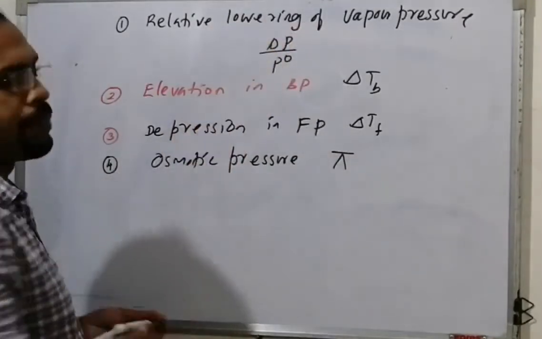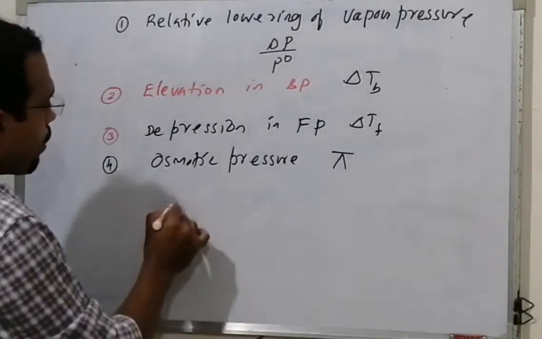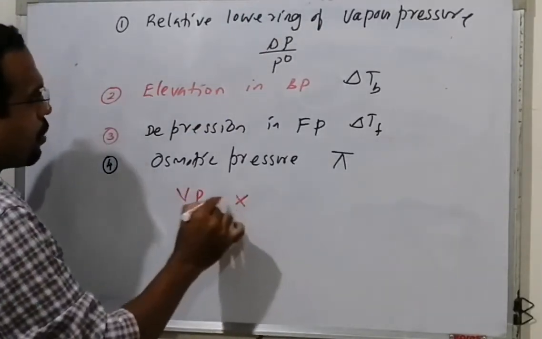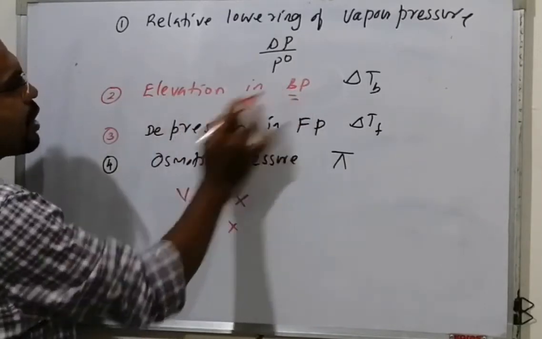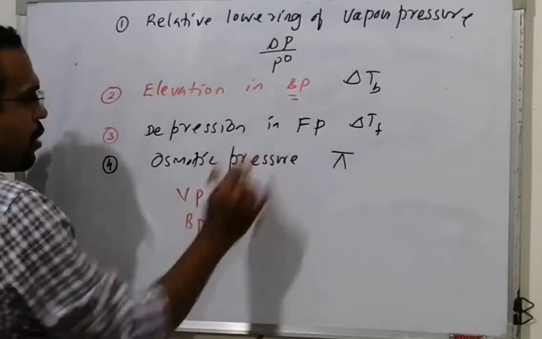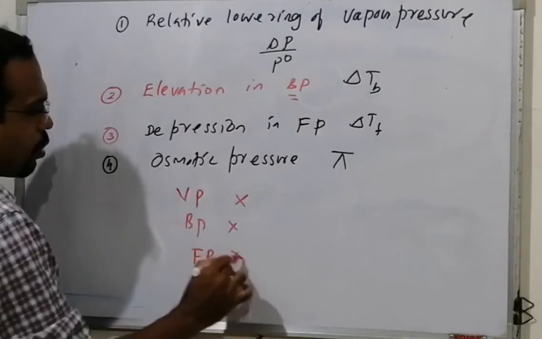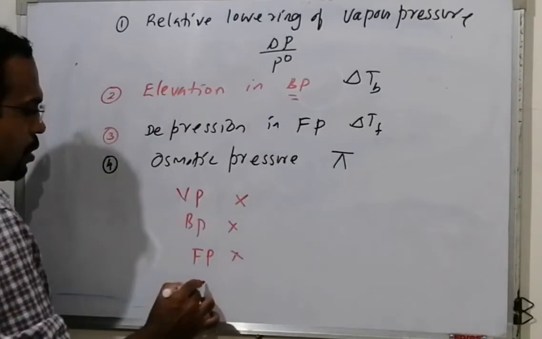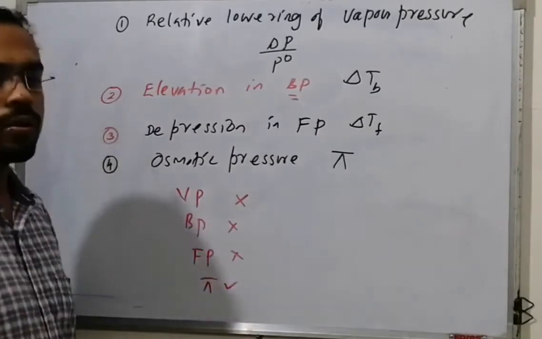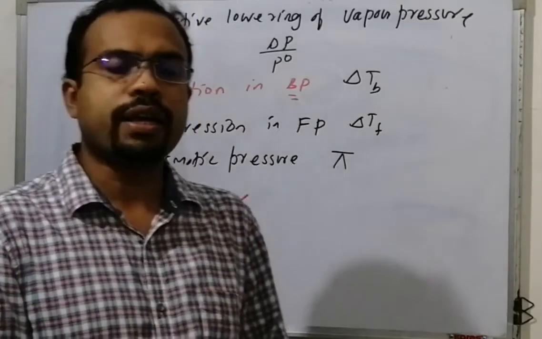Relative lowering of vapor pressure. Therefore, vapor pressure is not a colligative property. Boiling point is not a colligative property. Only elevation in boiling point is a colligative property. Freezing point also is not a colligative property. Only depression in freezing point is a colligative property. But osmotic pressure is a colligative property. Be very careful.